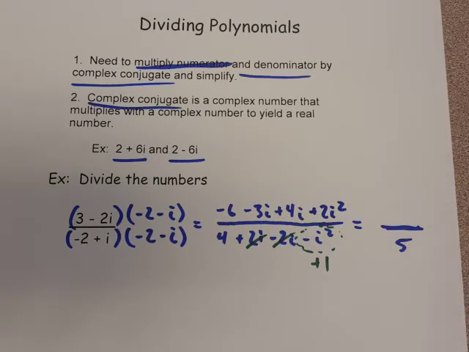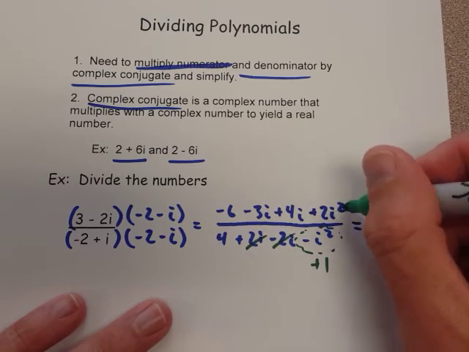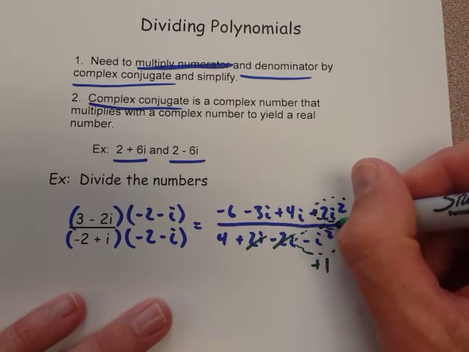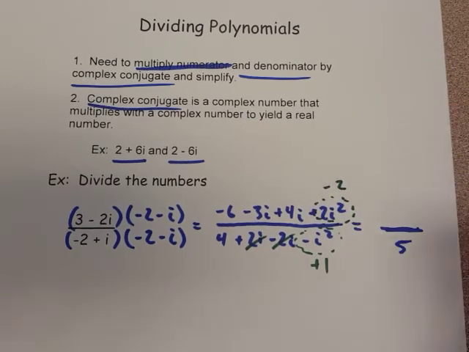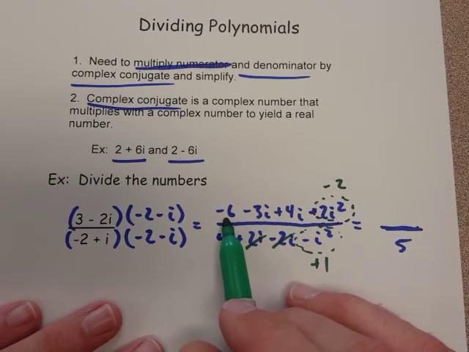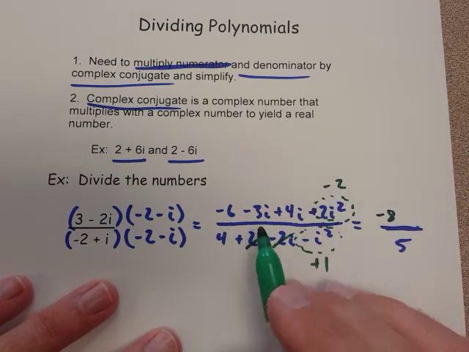All right, we can combine like terms. This 2i squared, since i squared is negative 1, is just going to be negative 2. Then we can combine negative 6 minus 2 is negative 8.